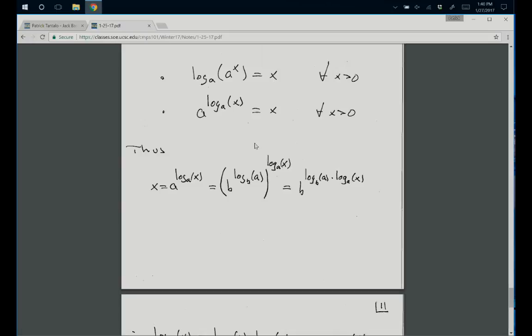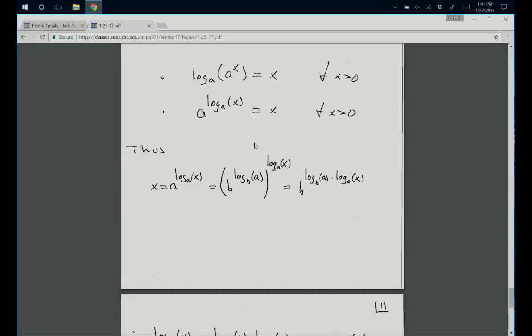Log base a of n equals log base b of n divided by log base b of a. This is a nice conversion formula from one base to another.